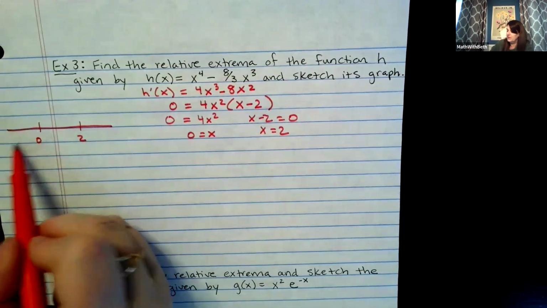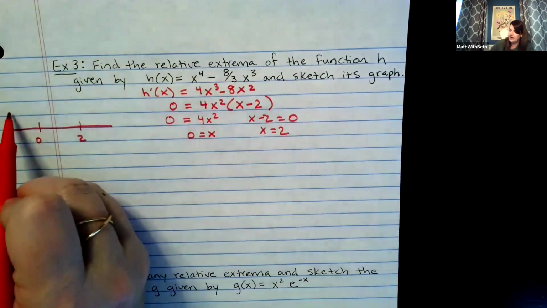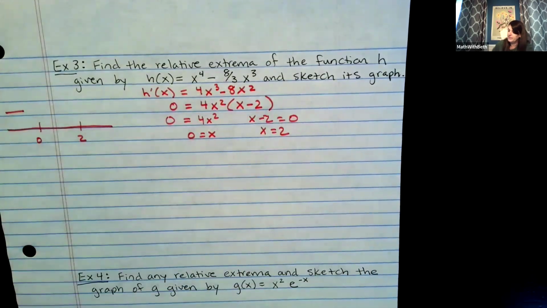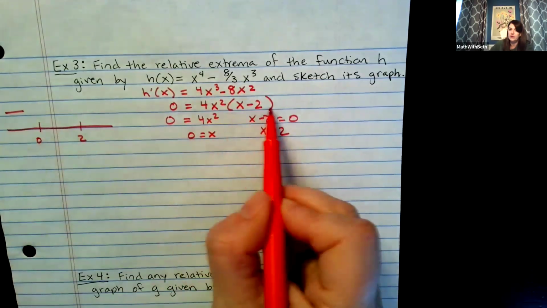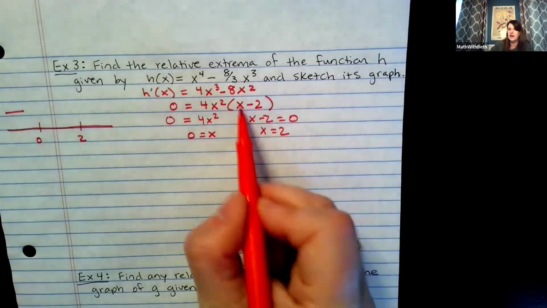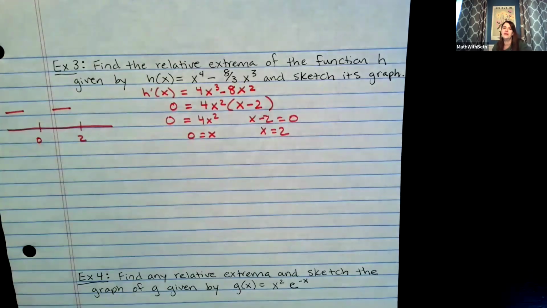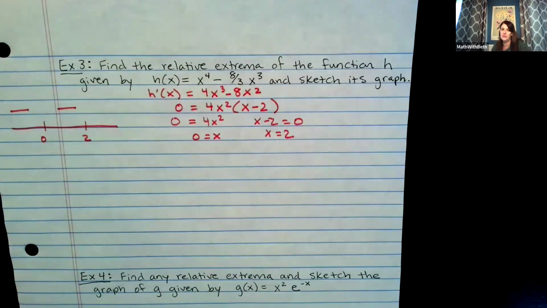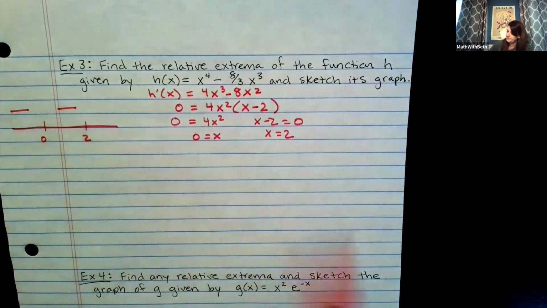If I plug something over here into the derivative, I would get a negative. If I plug something like 1 in, I would also get a negative, because that's 4 times 1 times -1 in here. So 0 is not a relative max or relative min, because it's not changing from going down to up.